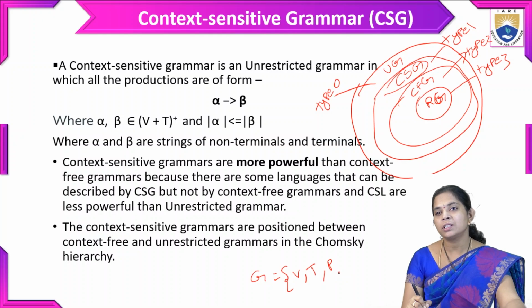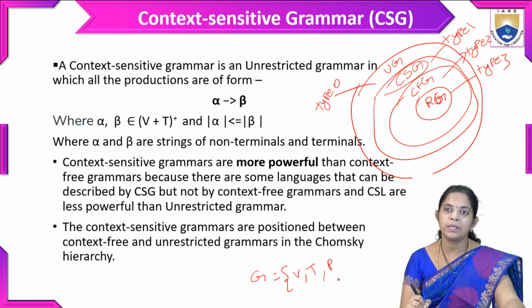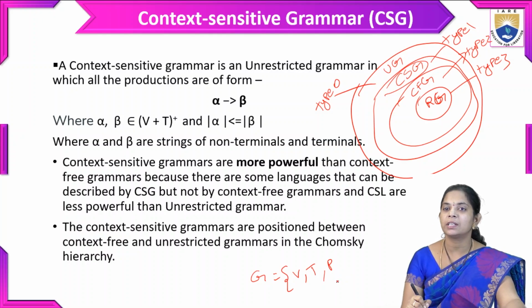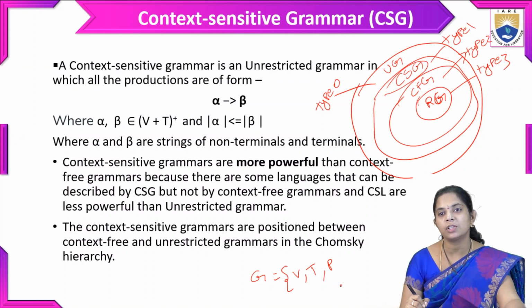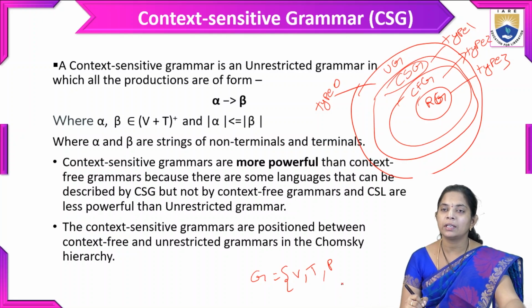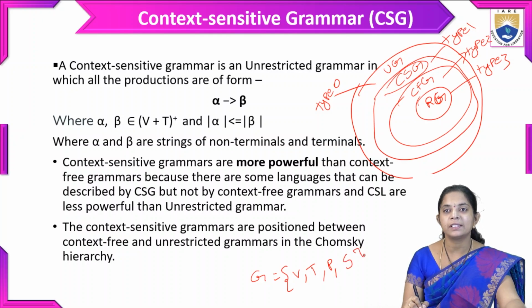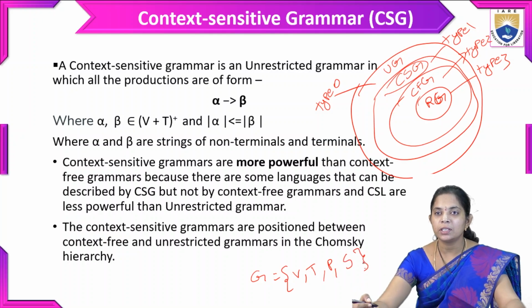Productions are of the form alpha tends to beta, where alpha and beta are combinations of V union T, so we can use both non-terminals and terminals in the production rules. And S is the start symbol. This is the general definition of every grammar.